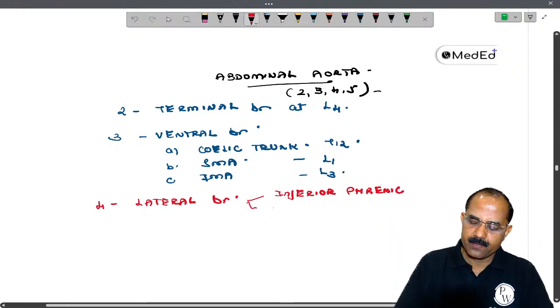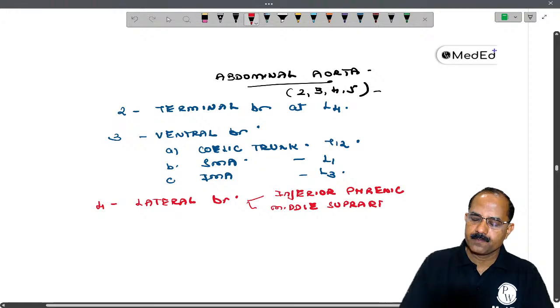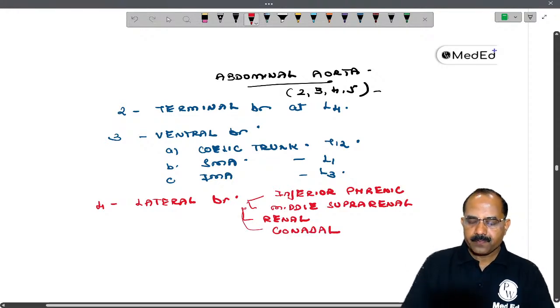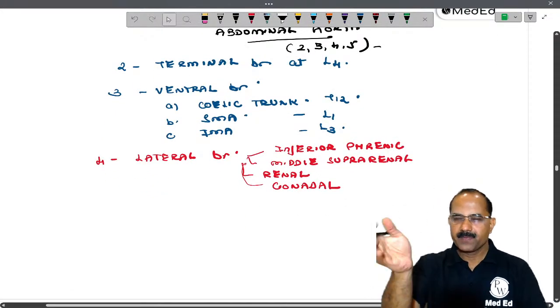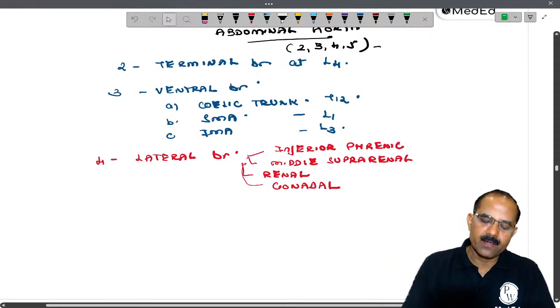Inferior phrenic, middle suprarenal, renal, and the last one is gonadal. Gonadal mein it would be testicular or ovarian, so it is gonadal.